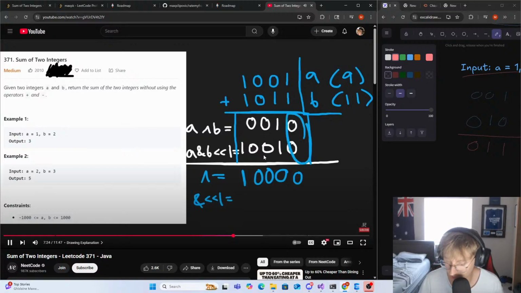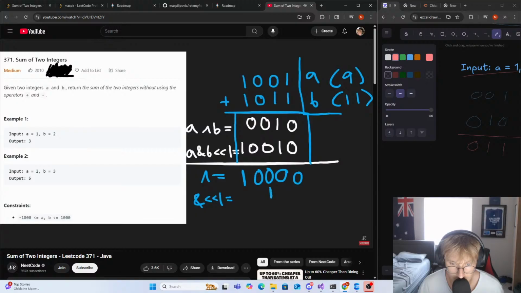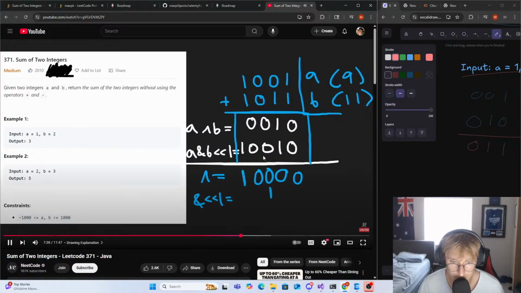So AND these two, nothing, and these two, we get a 1, and of course we want to shift it to the left by 1, which means we'll have a 1 over here. So I'll just put that 1 over here, because we know for the rest of these, this is not going to be ANDed, and this is not going to be ANDed, so this will basically be 0, 0, everything is 0 except this. So now we want to add these two together.